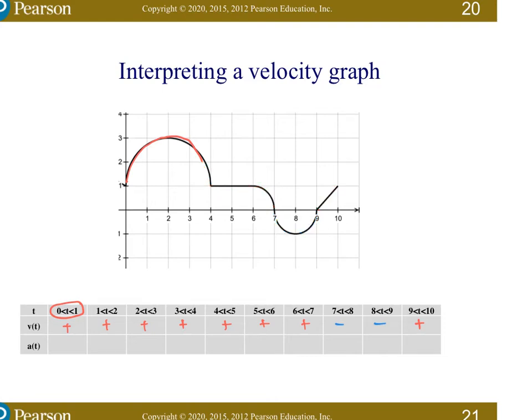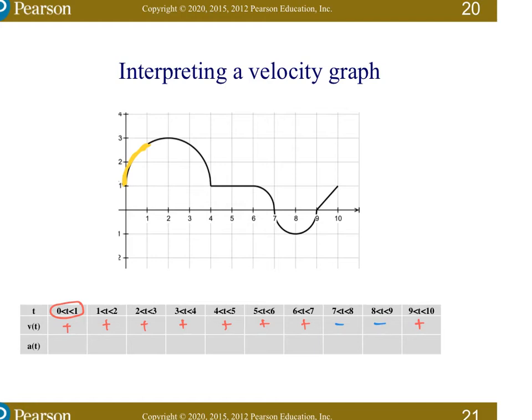Now I'm going to do the derivative of the velocity, or the slope of the velocity, which is what my acceleration is going to be. So now I'm going to look at the section and say, what kind of slope does it have? Not exactly the number, just is it positive or negative? Looking at this section, it has positive slope, so I'm going to indicate that with a plus.